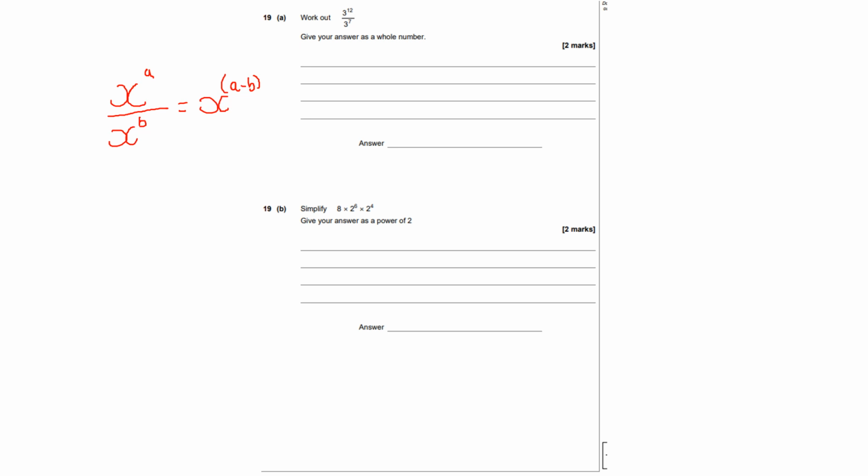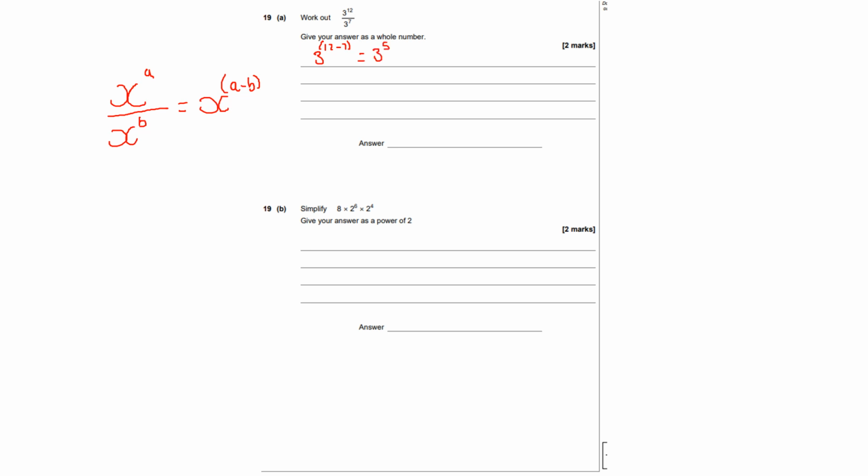So 3 to the power of 12 divided by 3 to the power of 7 is 3 to the power of 12 minus 7. 12 minus 7 is 5, so that's 3 to the power of 5.